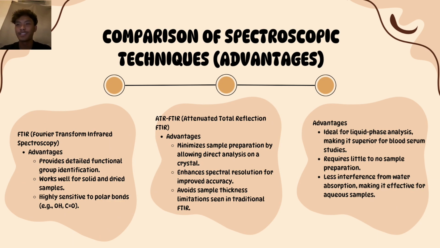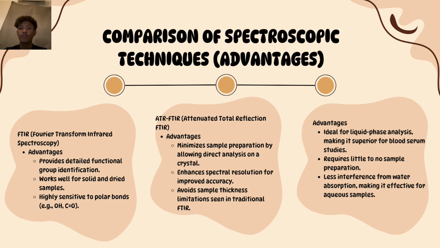And here's how the three techniques compare in terms of advantages. First, FTIR offers detailed identification of functional groups, and works well for solid or dried samples. It is also highly sensitive to polar bonds like OH and C=O. For the second one, ATR-FTIR minimizes sample preparation by allowing direct analysis on a crystal.